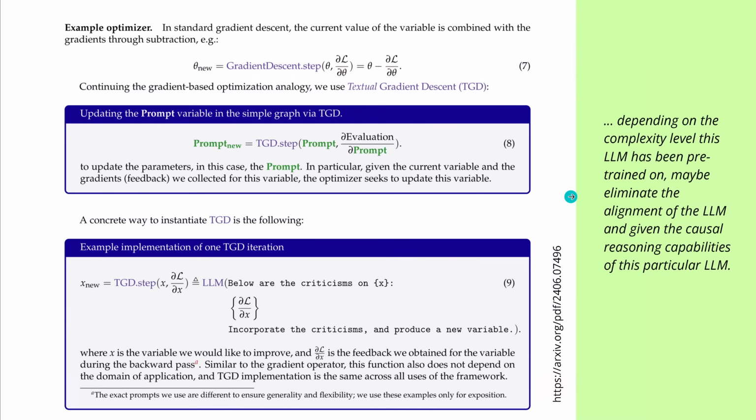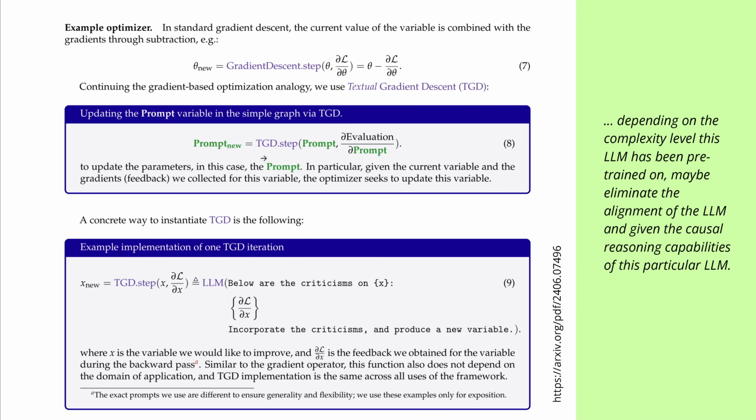So you see, however you like to see it, this is the analogon that they stress in their publication. Of course, it can be a little bit more challenging because you remember in DSPy we had those optimizers. And here too we have optimizers, and in the standard gradient descent, the AutoGrad for example, the current value of the variable is combined with the gradient through subtraction. So you have this simple mathematical operation. And now updating this, not in the numerical gradient descent, but in the textual gradient descent.